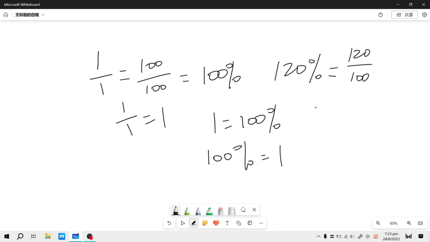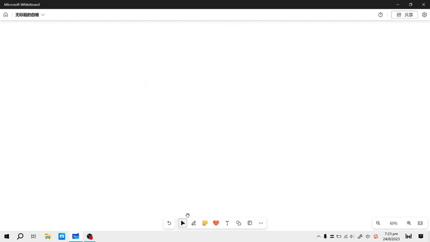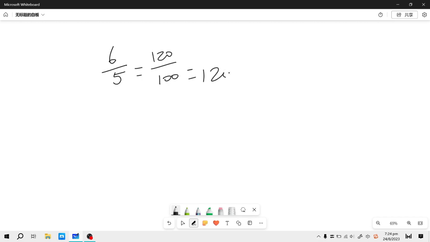So actually you can use another way to transform it. Okay, so now let's say we have 6 over 5. So actually just now the way was times 20 on top and bottom, this is 120, 120%.